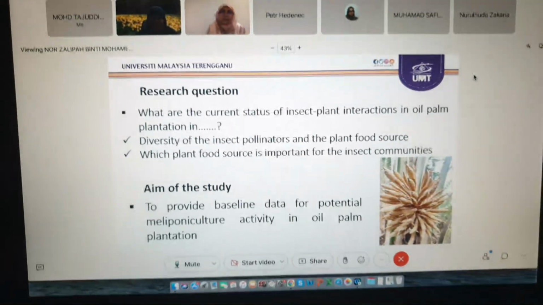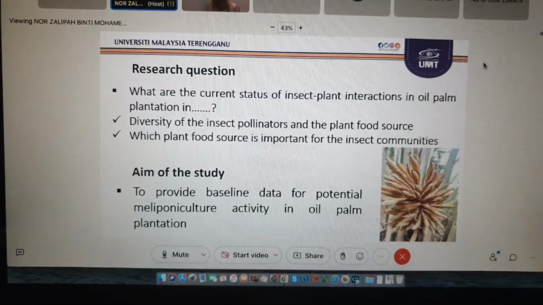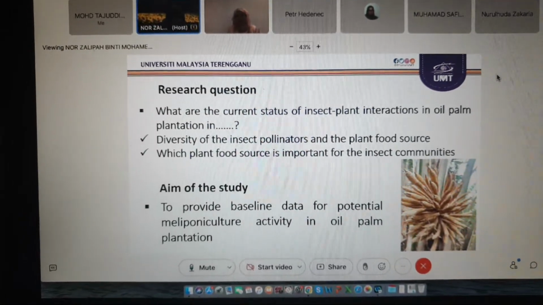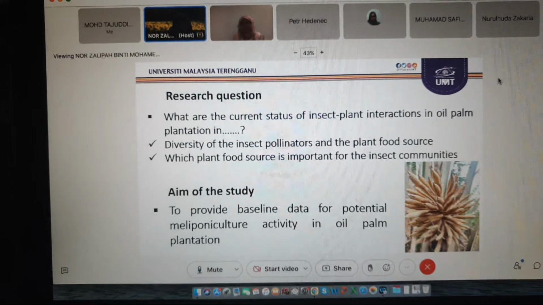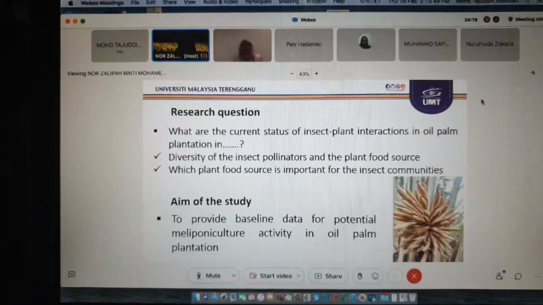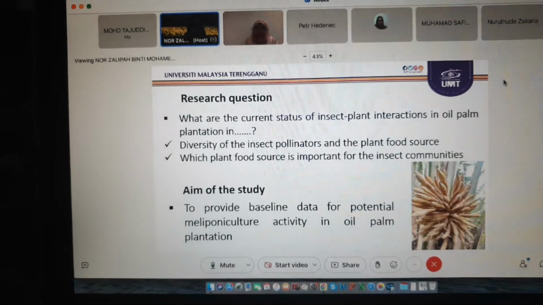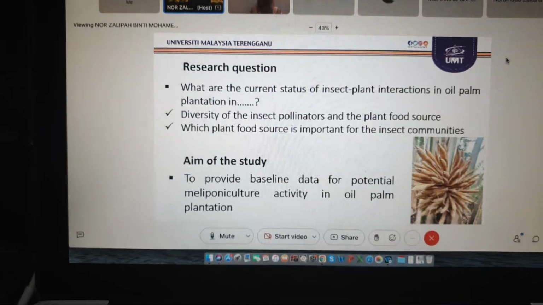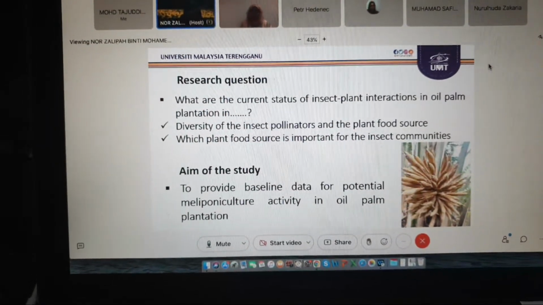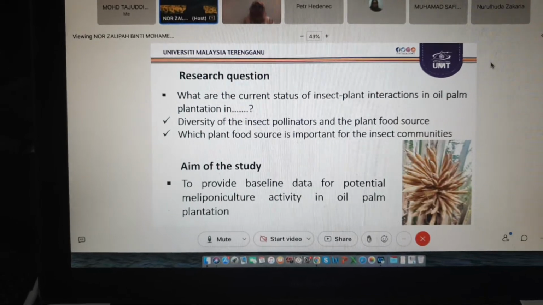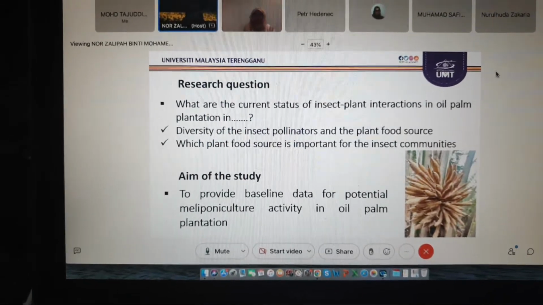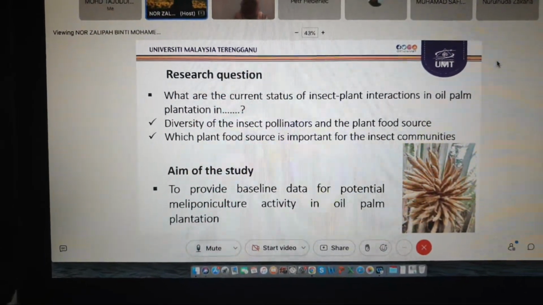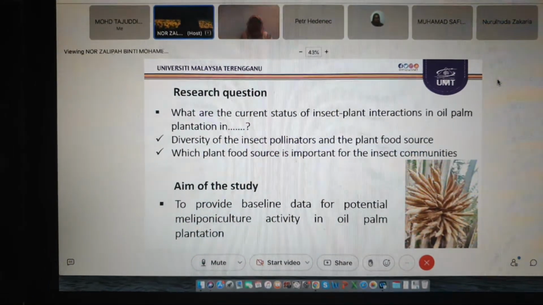So the research question is actually, what is the current status of insect-plant interaction in the oil palm plantation? My idea is to explore or to determine what is the diversity of insect pollinators in the oil palm plantation, and also what is the diversity of the plant food source which the insects forage at, and to determine which plant food source is actually important to which insect species or the insect community.